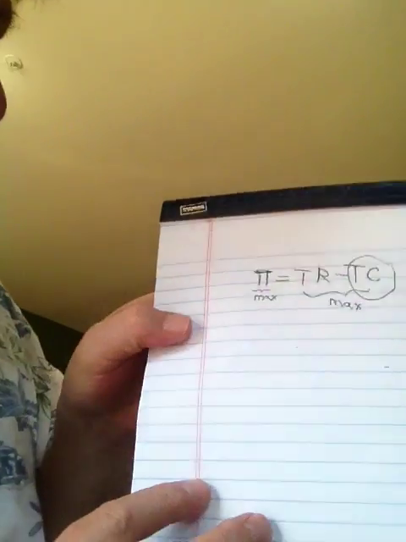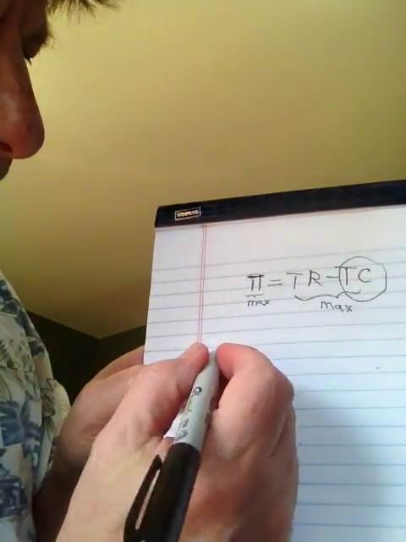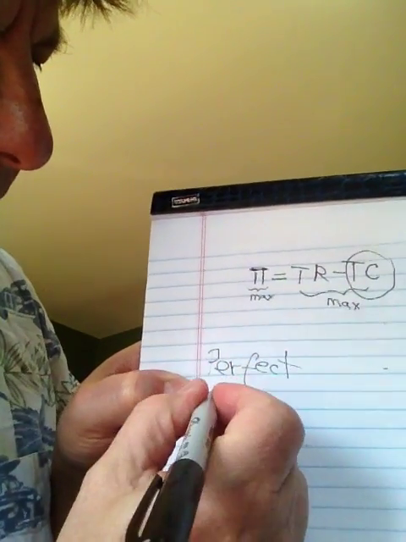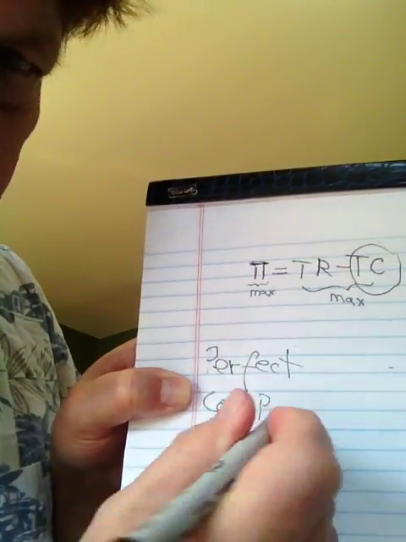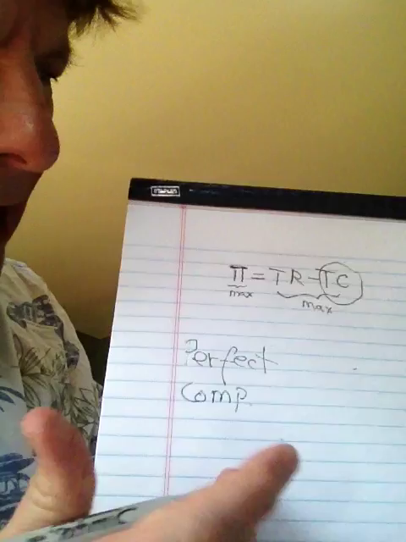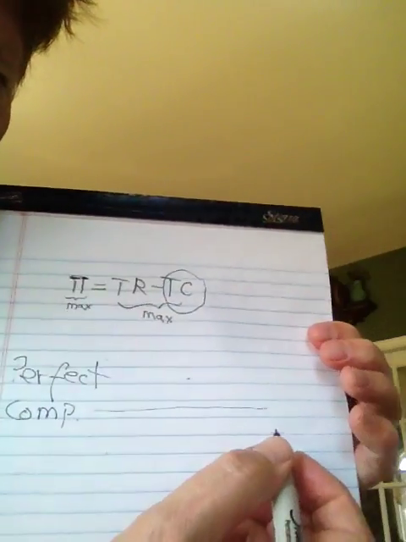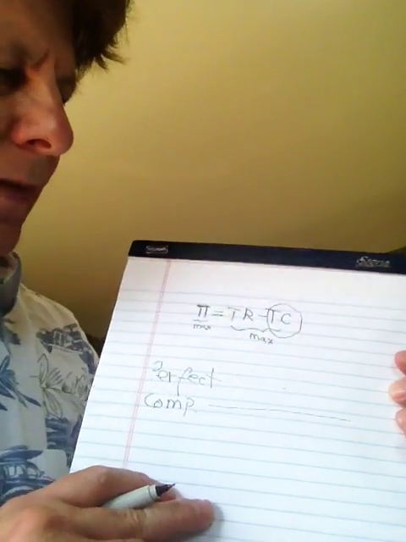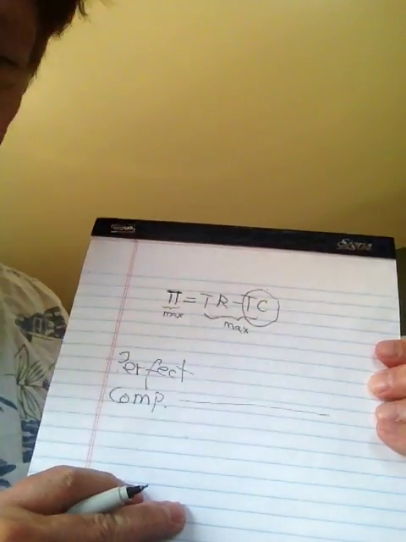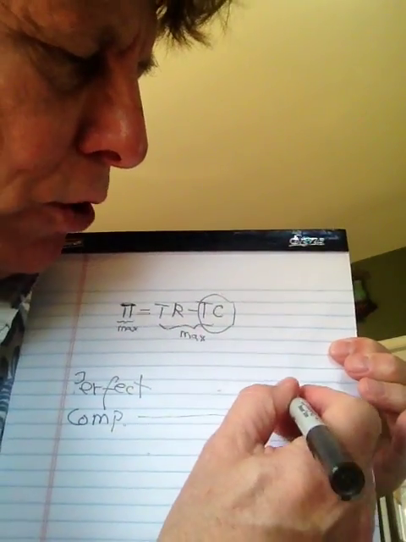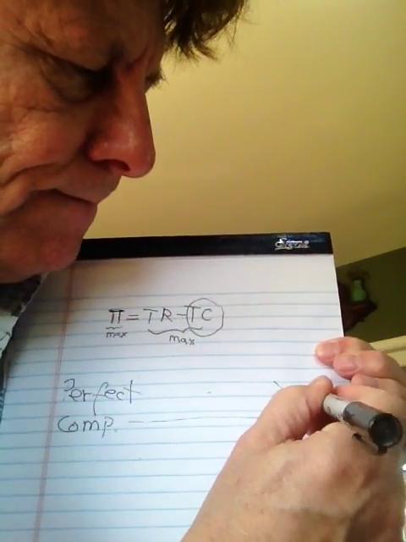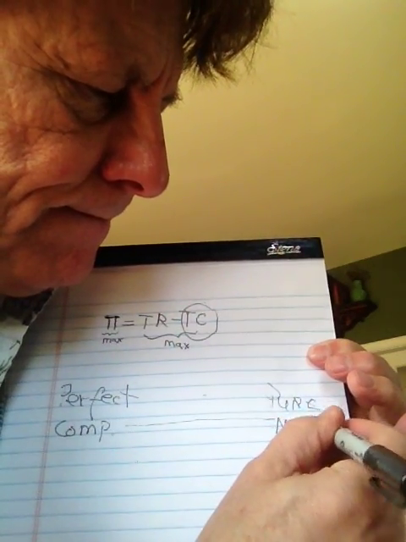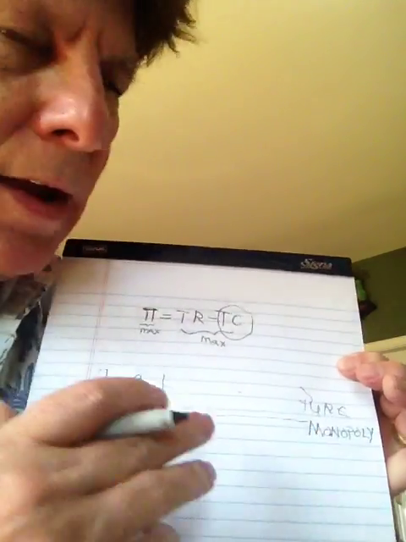We're going to start here with the most competitive industry possible. We'll call that perfect competition. And we'll go all the way over here to the least competitive industry, and that would be pure monopoly.